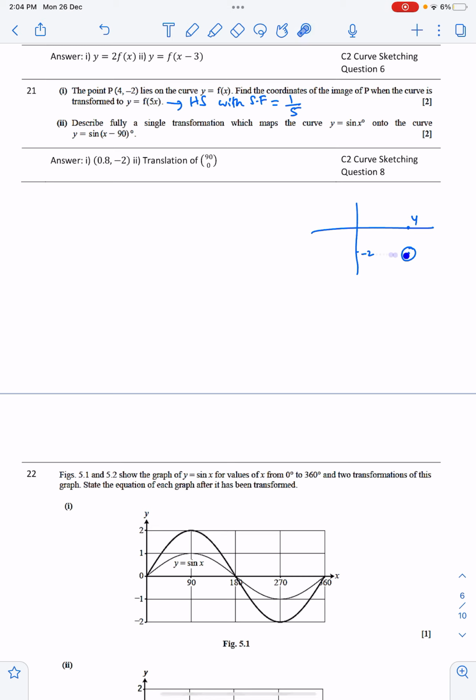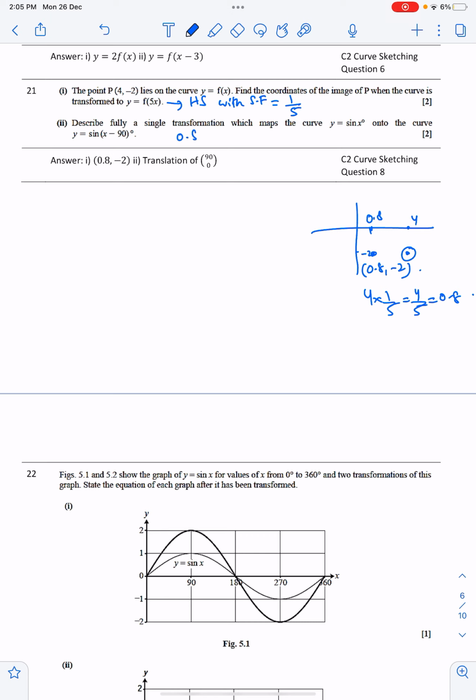The distance from the y axis right now is 4 units, and because the stretch factor is 1/5, you have to make it 1/5 of the distance. So 4 multiplied by 1/5, which is 4/5, which is 0.8. That means this point is going to shift to (0.8, negative 2). The y coordinate will remain the same.